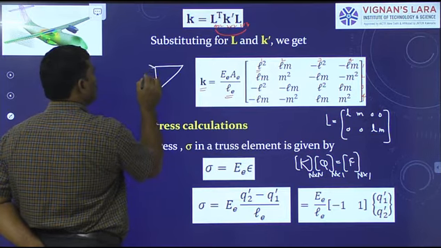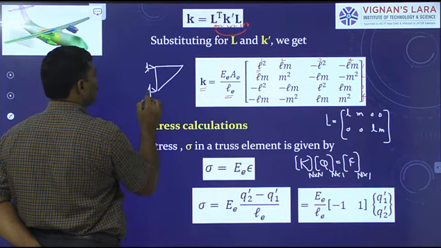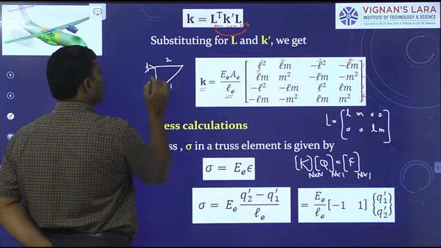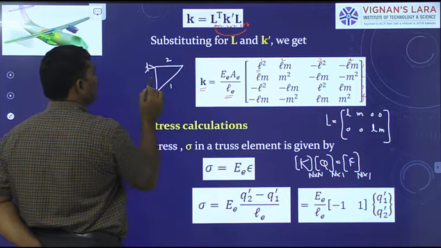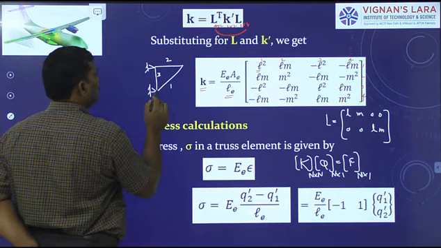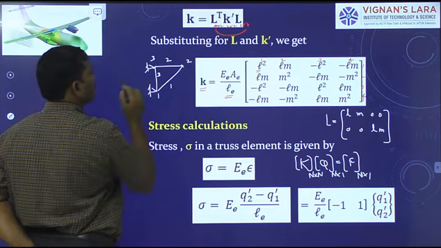This is a simple truss. How many elements are there? One element, two element, this is the first element, second element, this is third. Understand? Now, I say this is node 1, this is node 2, this is node 3.